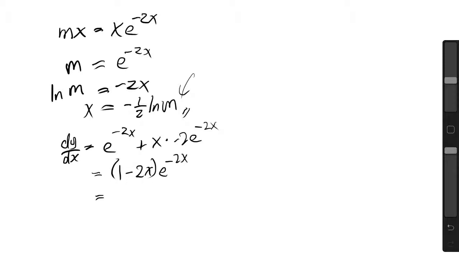So substitute using this equation, we get 1 plus natural log of m, and we have e to the, so minus 2x is just ln m, because e to the natural log just cancels out, we get m. So we have m times 1 plus ln m as our solution.